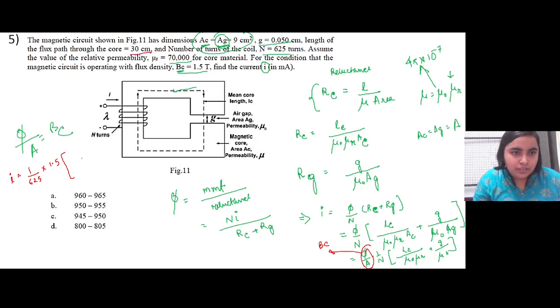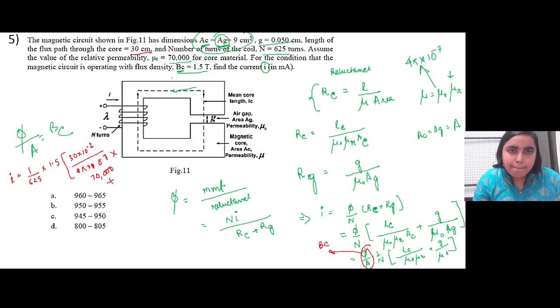Since we are writing everything in SI units, we will write 30 into 10 to the power minus 2, converting to meters. Mu naught we know is 4 pi into 10 to the power minus 7. Mu r is 70,000.